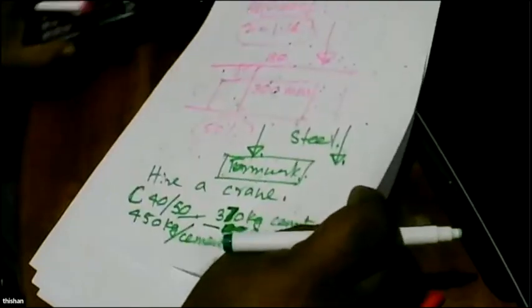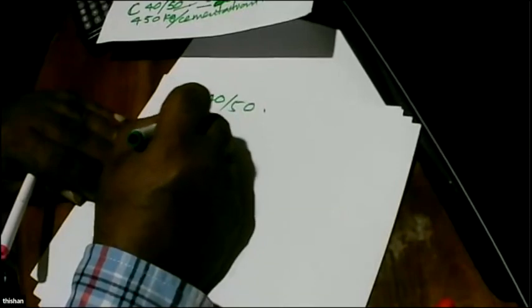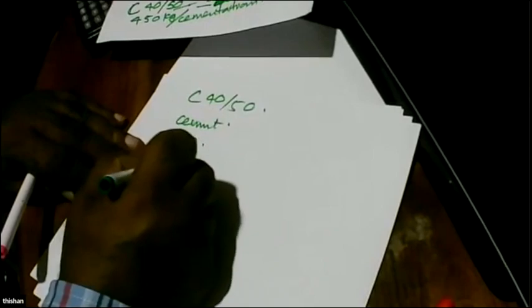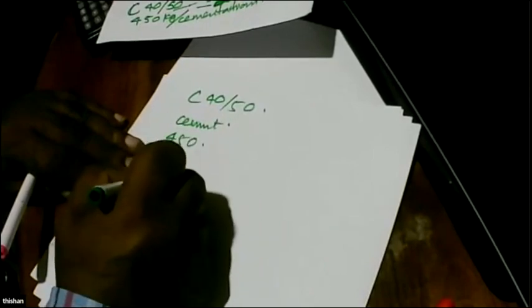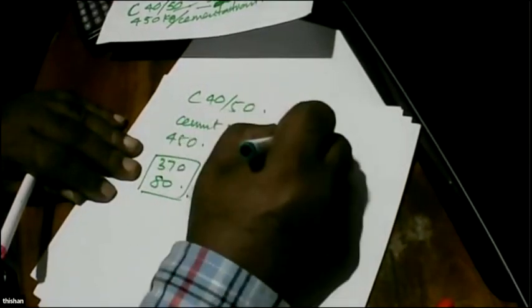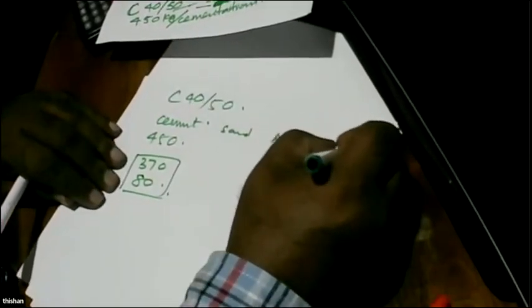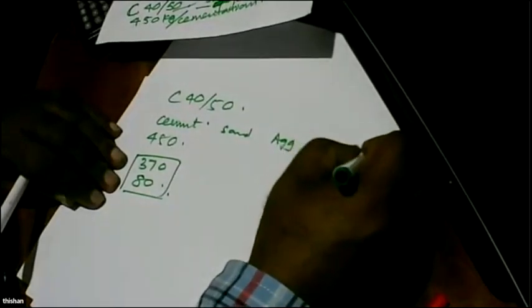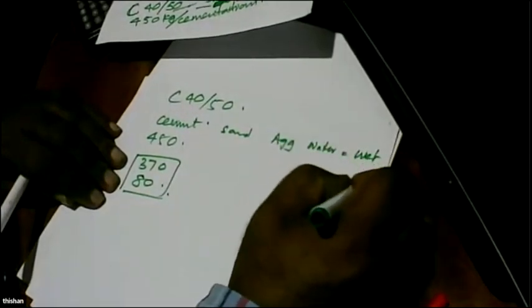So if you look at the concrete mix for this particular bridge of C40/50, the cement is 450, consisting of 370 cement and about 80 kilograms of fly ash, and then we get sand, aggregate, water, and a wet density of about 2470.